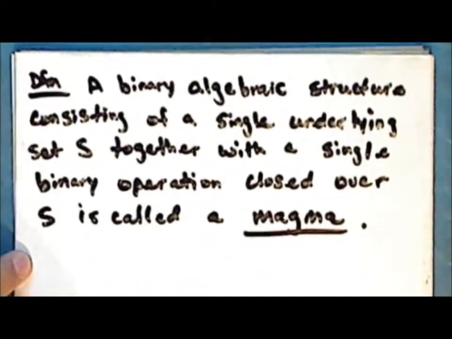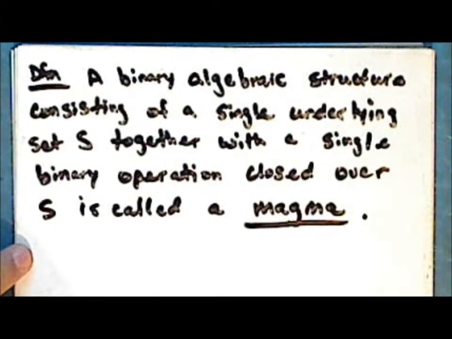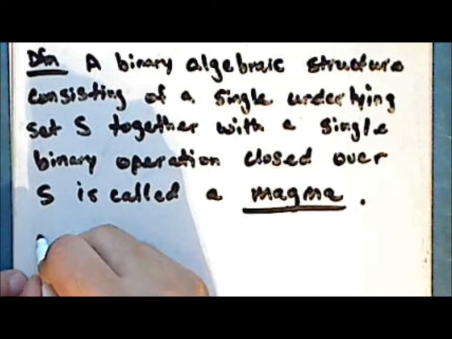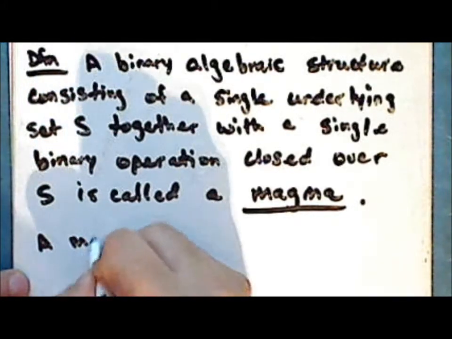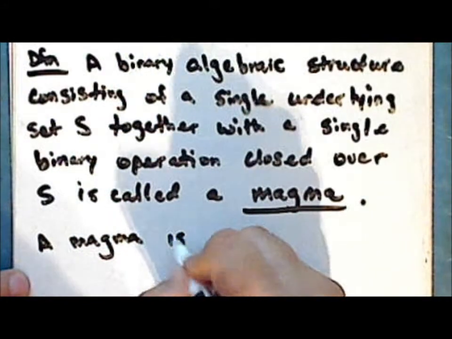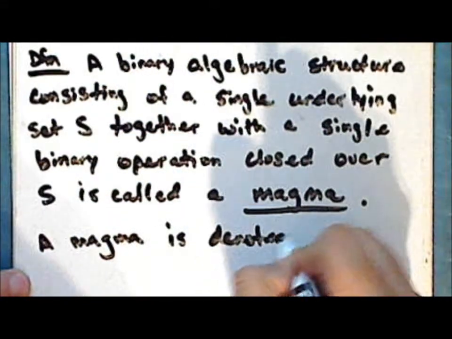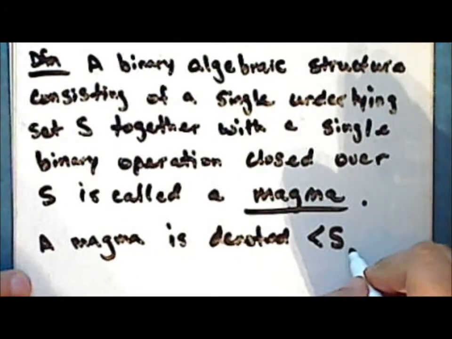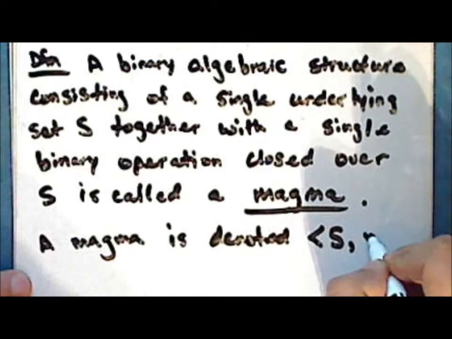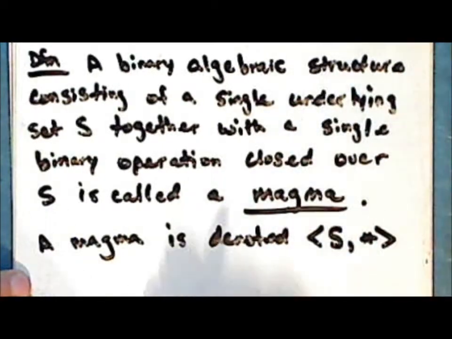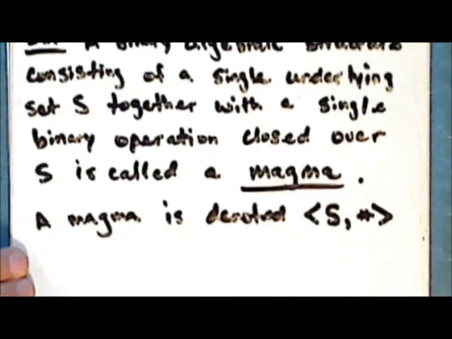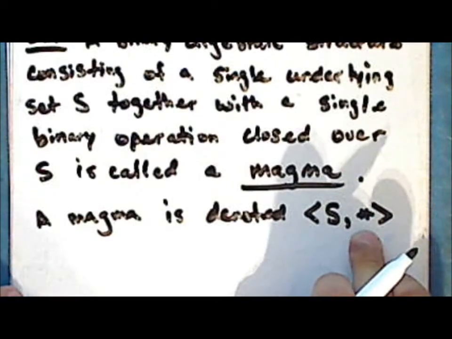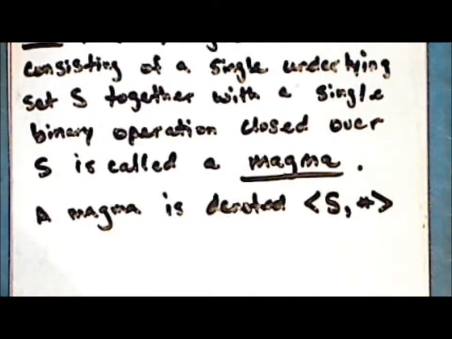Notice that we are insisting that the operation be a binary operation. A magma is denoted with angular brackets as a pair consisting of the set S together with the binary operation defined on the set S. And again, we use the generic symbol star as a placeholder for a given operation.